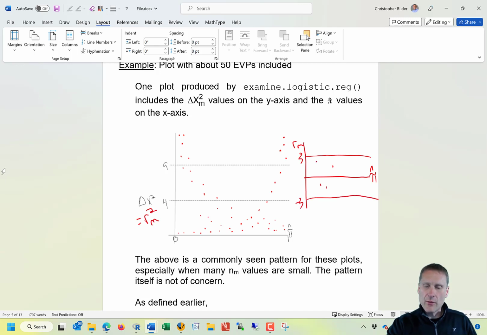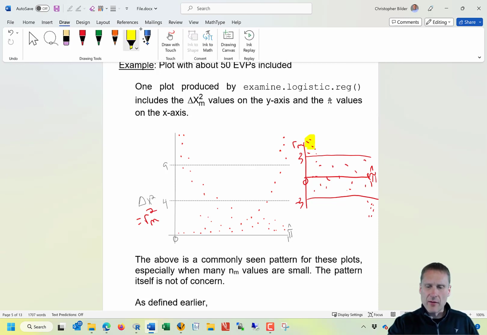And we've seen how we might have a scattering of points that looks like this. And then towards the boundaries there for pi, in terms of between 0 and 1, we have some values that extend above it, or below it for -3. And we talked about how in certain situations, those points should not necessarily be of concern for a logistic regression model in terms of assessing its fit.